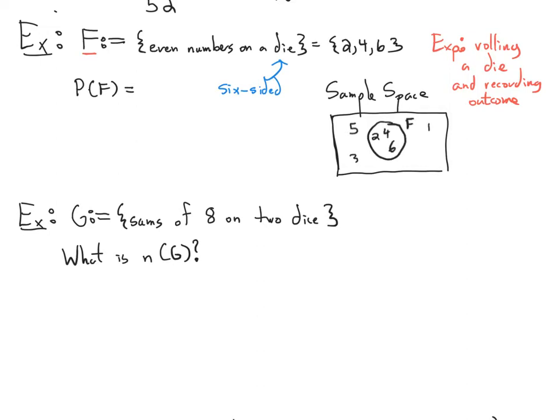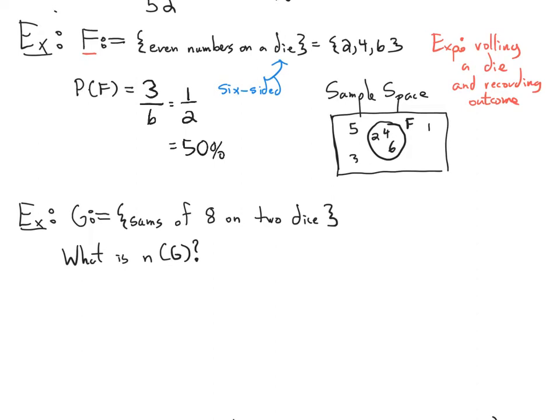So they're all the possible outcomes. That's our sample space, 1, 2, 3, 4, 5, and 6. And the event F are the even numbers, 2, 4, and 6. And the probability of F occurring is, of course, well, there are 3 even numbers over 6 possible outcomes, which we can simplify to 1/2, which, if you wanted to convert to a percent, you don't need to every time, but if you wanted to, that's 50%.